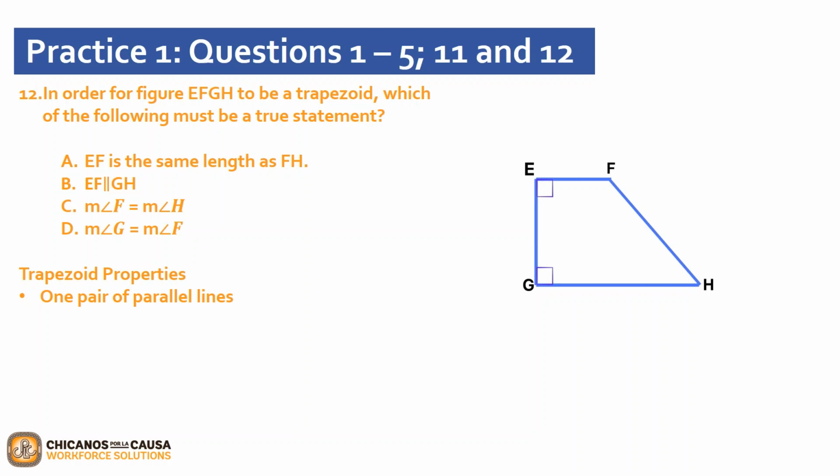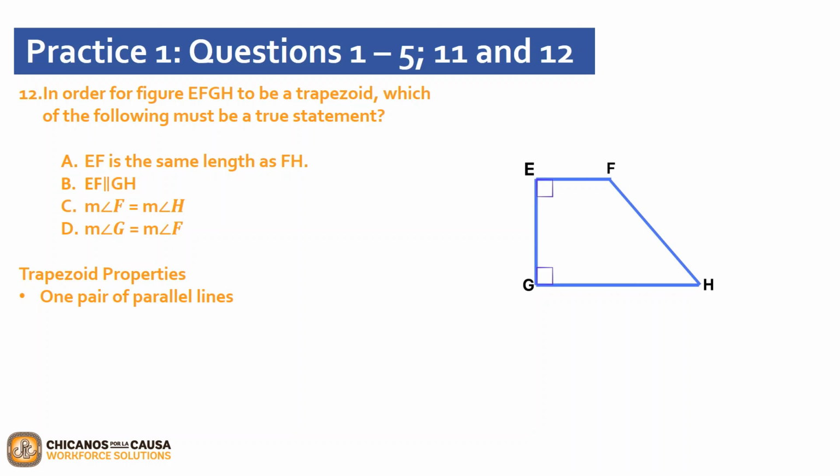A, EF is the same length as FH. B, EF is parallel to GH. C, the measurement of angle F is the same as the measurement of angle H. And D, the measurement of angle G is the same as the measurement for angle F.